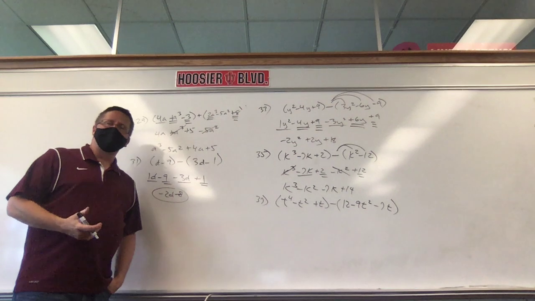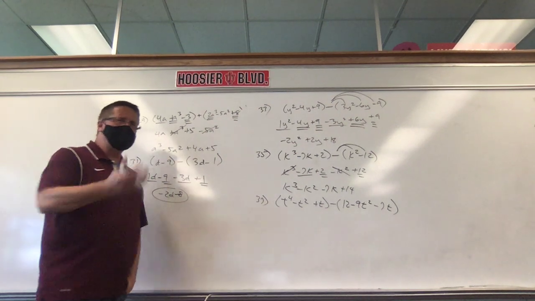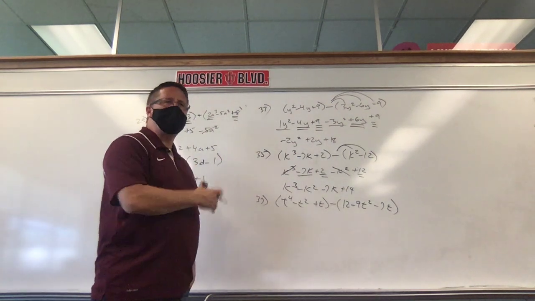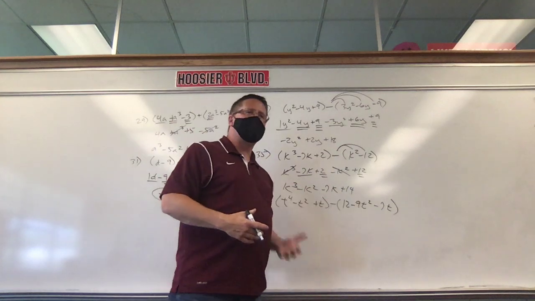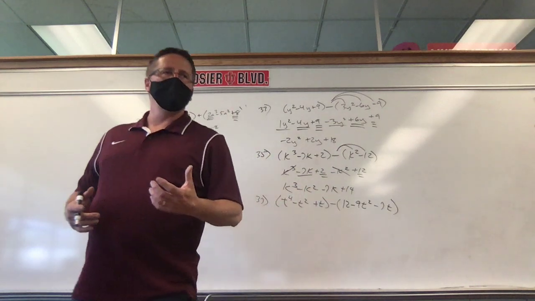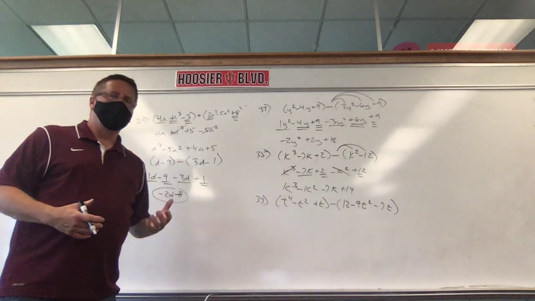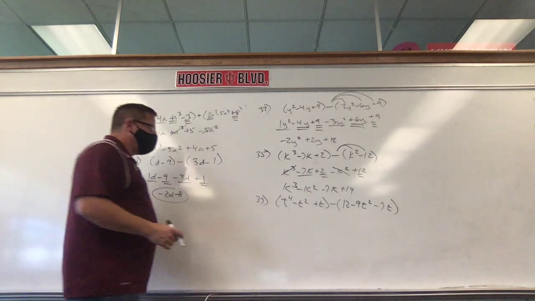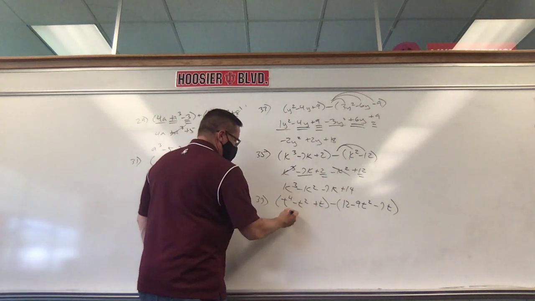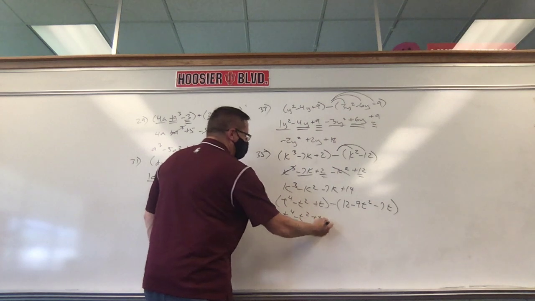Now I haven't said this yet. Hopefully you guys caught it though. How come when I first started doing these problems, with the very first problem I put on the board, I didn't change all the signs? Because we were adding. When you're adding, you just add them together. When you're subtracting, leave this alone. t to the fourth minus t squared plus t.